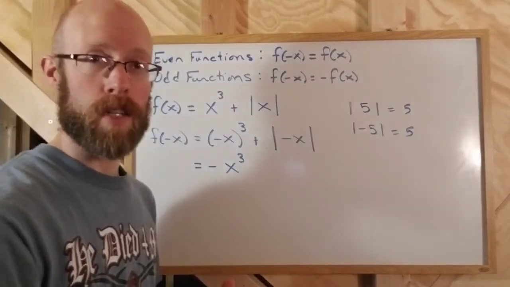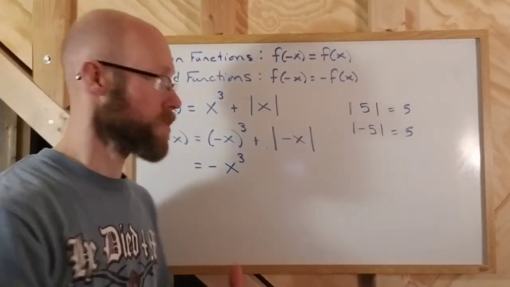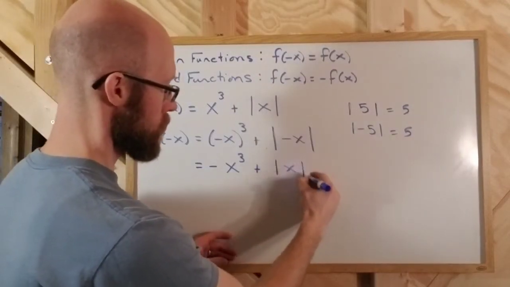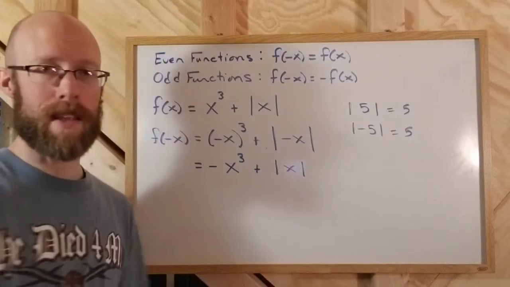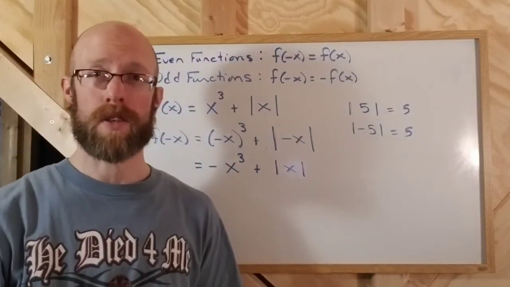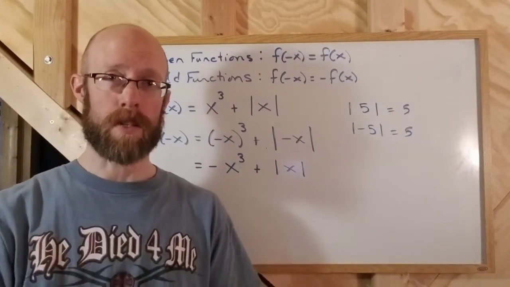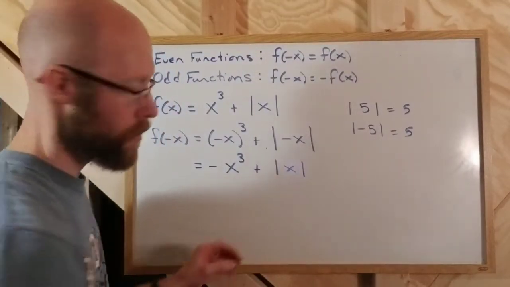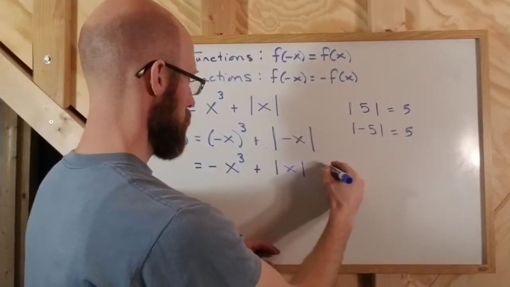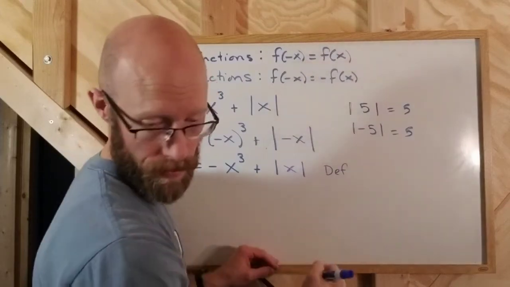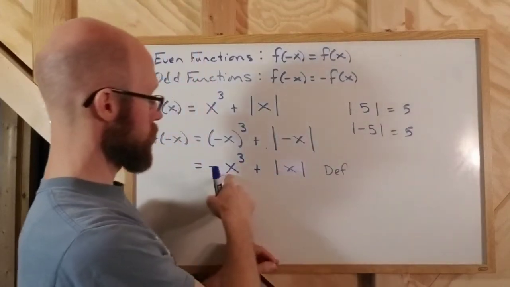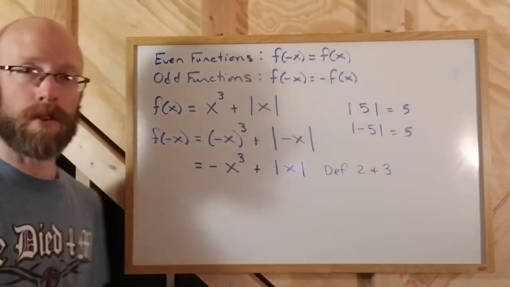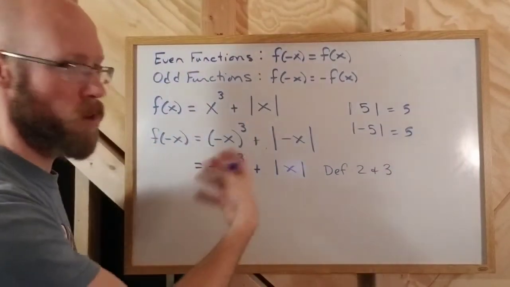So by the definition of an absolute value, it's equivalent to write the absolute value of x, because x and negative x are the same distance from 0. So that's the definition of an absolute value, and definition 2 and definition 3 satisfy both of those simplifications there, or describe them.